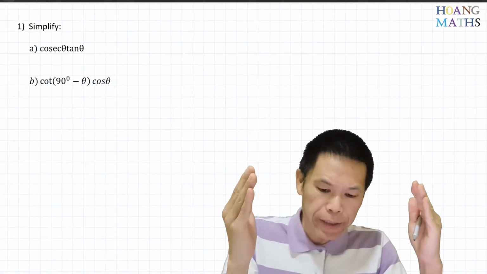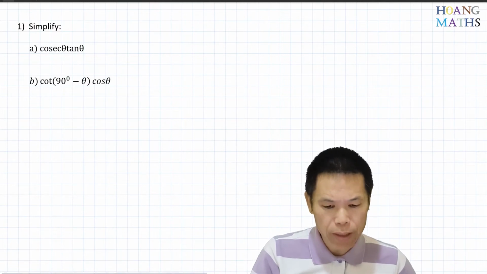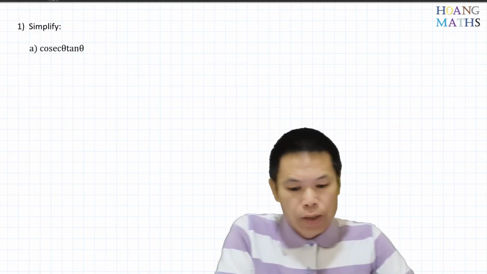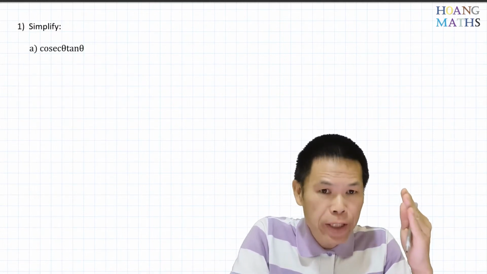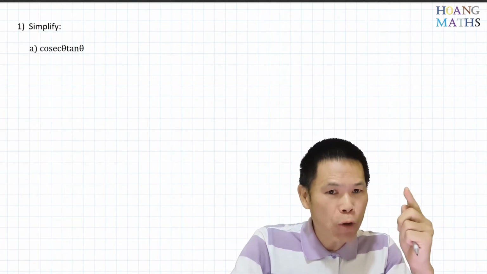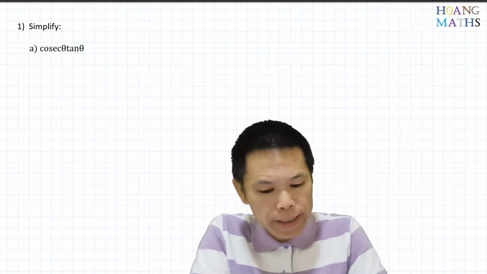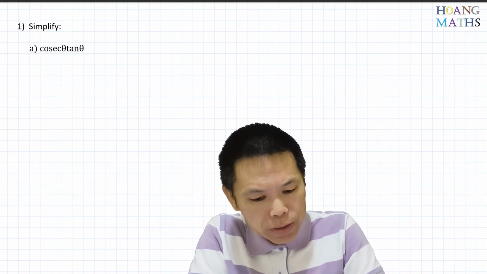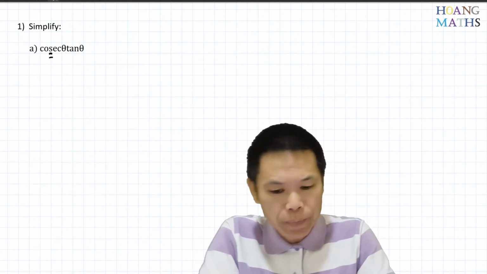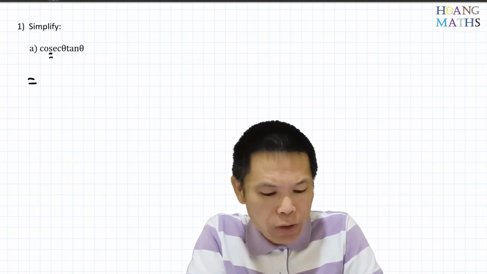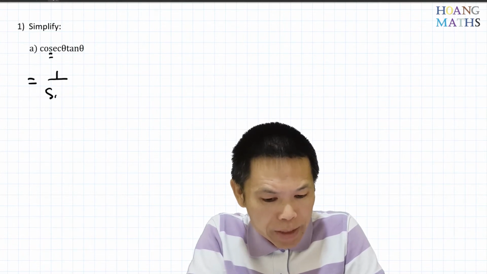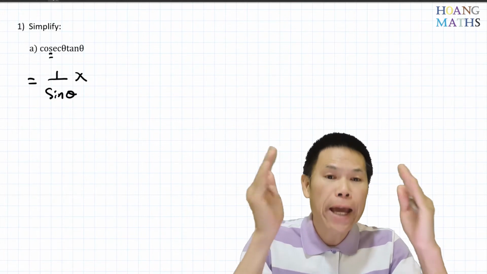So simplify this. So first one, let me just clear this one first. So we know that cosec of theta, remember the third letter will help you. So the third letter is sine. S for sine. So therefore this one is equal to 1 over sine of theta times by tan of theta.